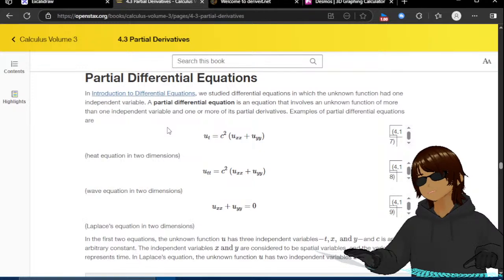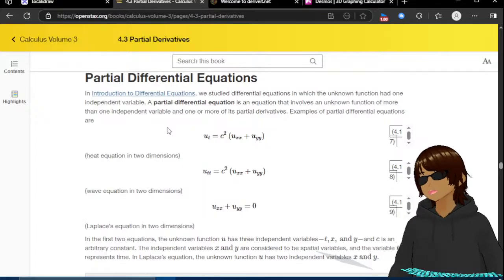In the introduction to differential equations, we studied differential equations in which unknown functions had one independent variable. A partial differential equation is an equation that involves an unknown function of more than one independent variable and one or more of its partial derivatives.